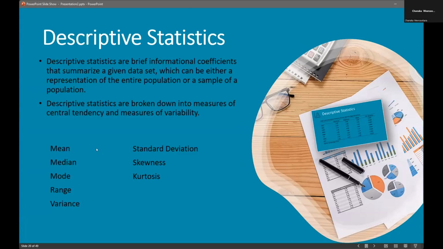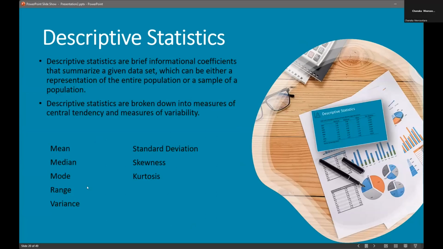So for the presentation of the descriptive statistics, the word itself suggests the action: what we are going to do is describe the data. To describe the data, we can use some measurements that are available in statistics.